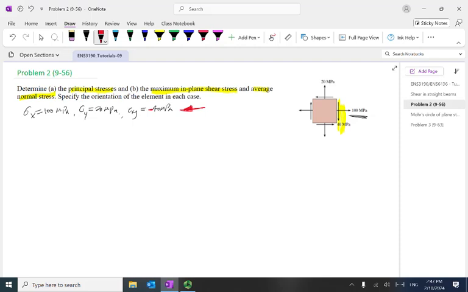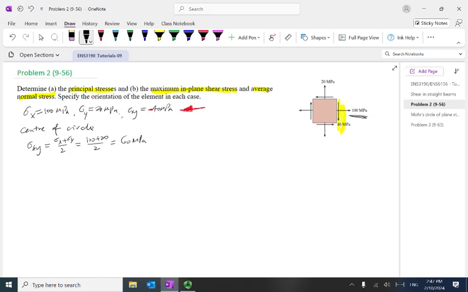Clear? After we know this, the next step is to work on the center of the circle. For the center of the circle, we should work out sigma average, which is half of sigma x plus sigma y, equal to half of 100 plus 20, equal to 60 megapascals.